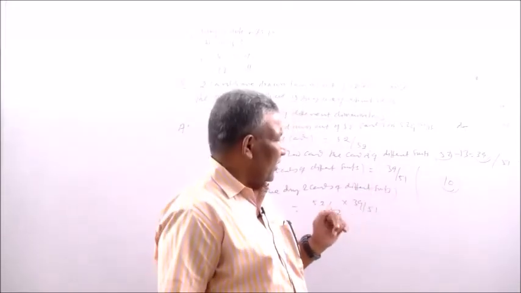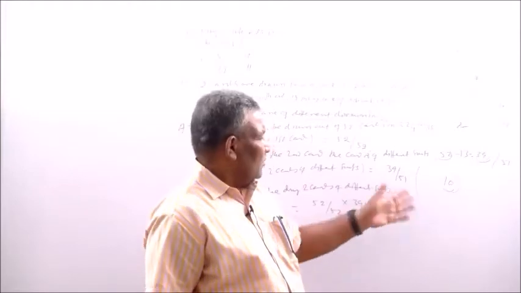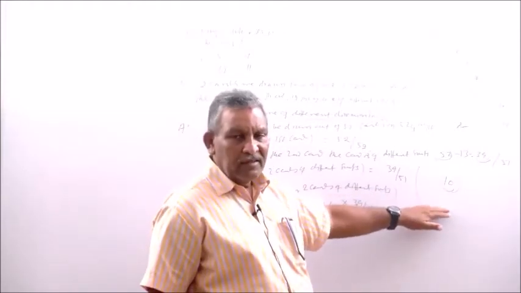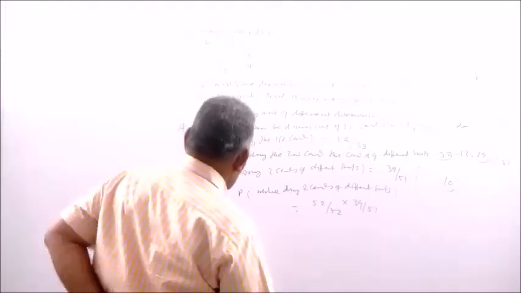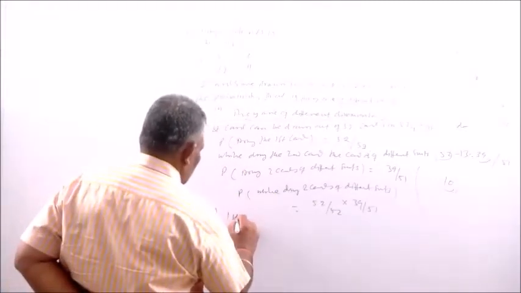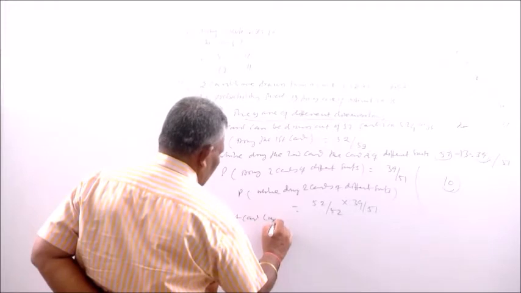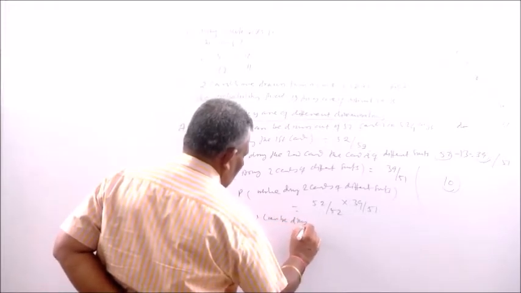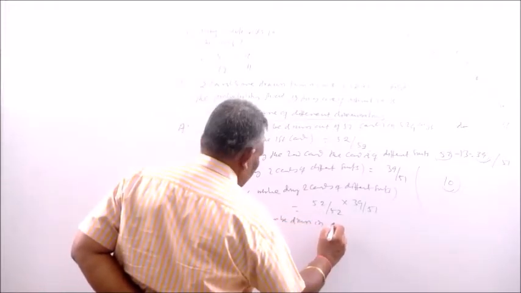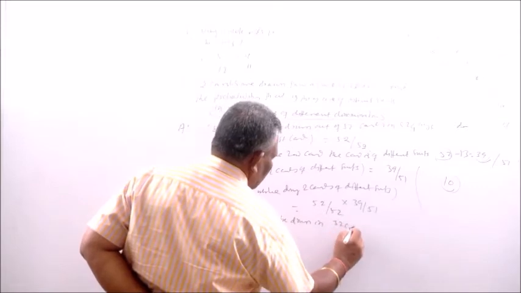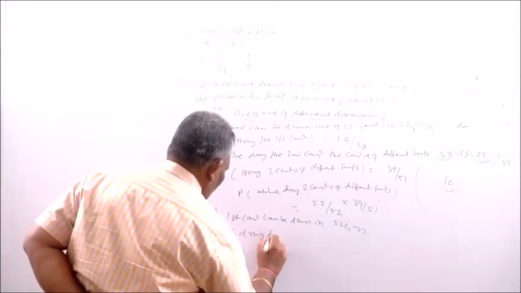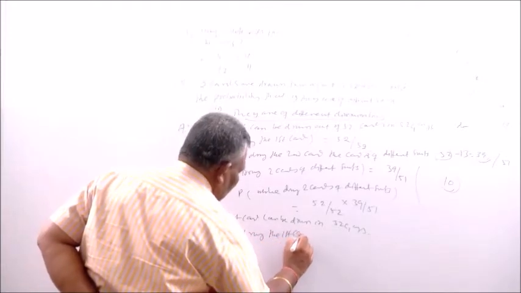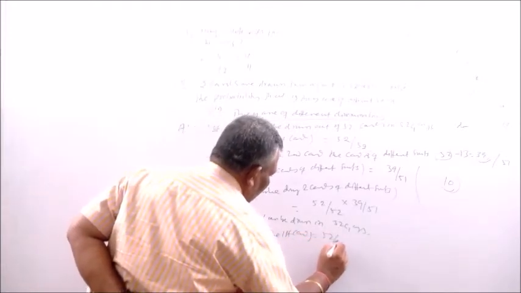Here 4 will be subtracted from 52 because for one denomination there are 4 cards, one from each suit. So the first card can be drawn in 52C1 ways. So the probability of drawing the first card is 52 by 52.